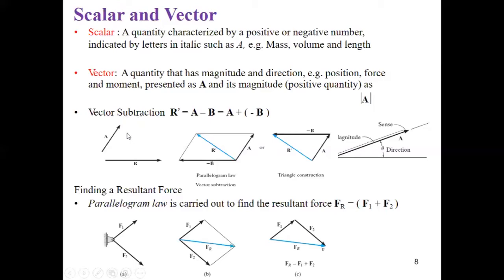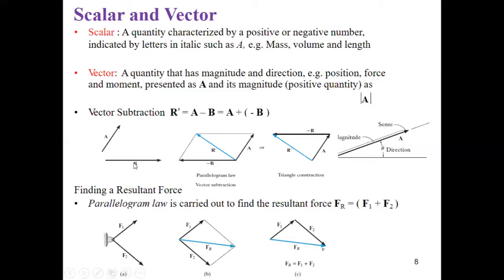Vectors can be subtracted or added to get the resultant vector. Suppose A is a vector and B is a vector. If we want to find their subtraction, A minus B, we can represent them in a parallelogram and then use the parallelogram law to find the vector subtraction.